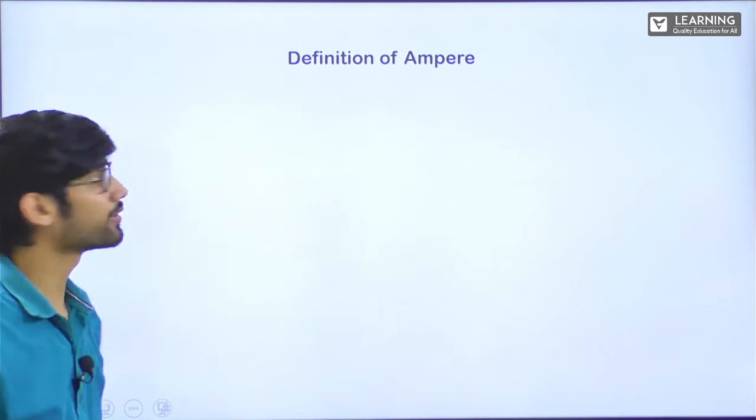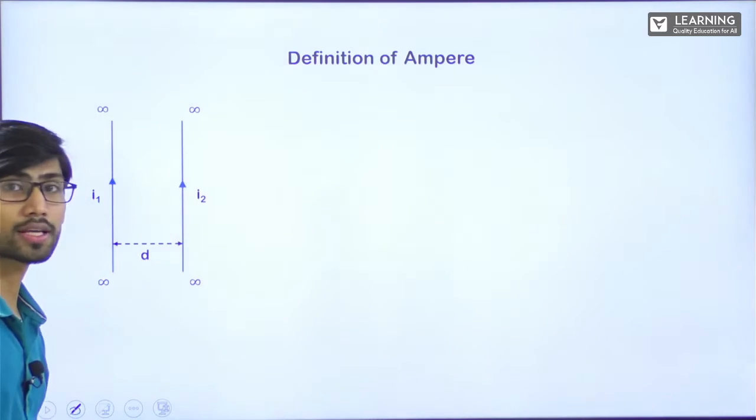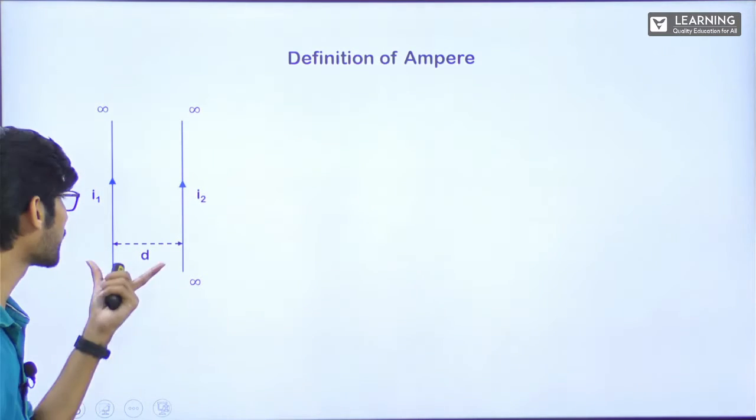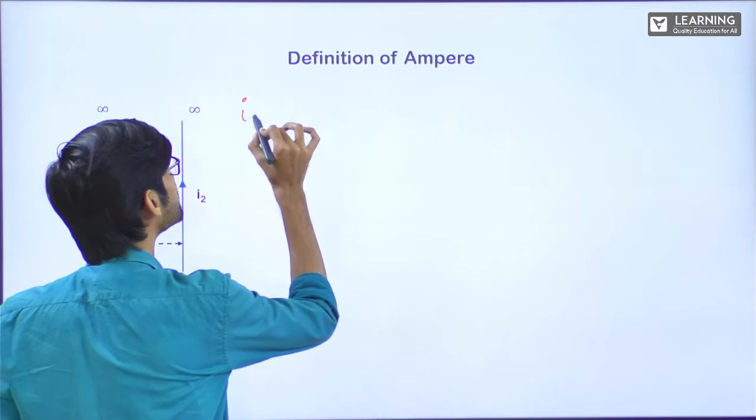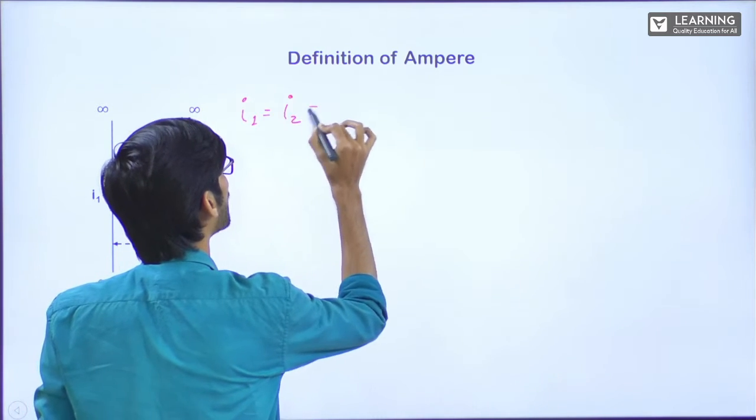So what is the definition of an ampere? If two current carrying wires are there, in which current flowing is I1 and I2, kept at a separation D. Now suppose I1 is equal to I2 is equal to 1 ampere.